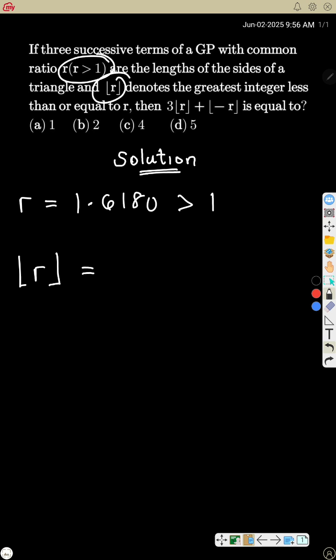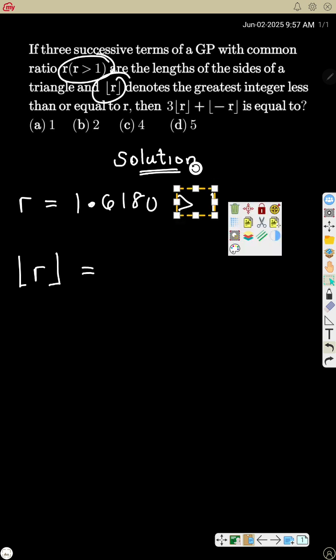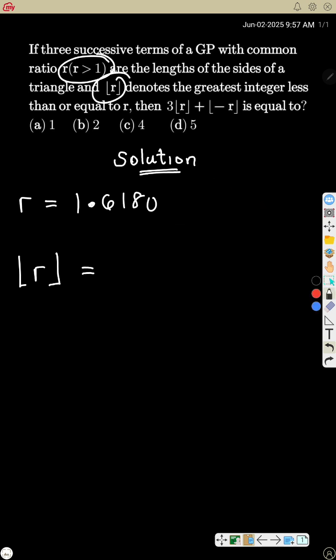So the floor function will tell us the number that is less than or equal to r. So r here is 1.6180. Since r is 1.6180, the floor here will be 1.